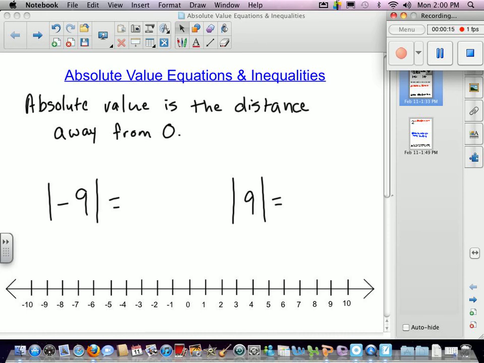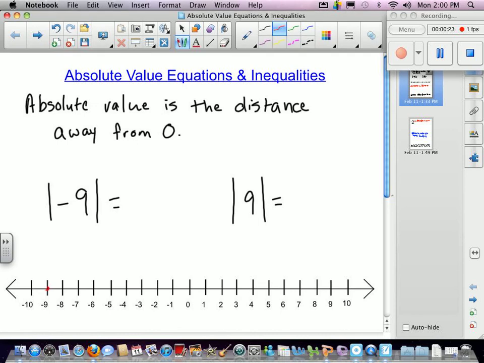So when we look at these first two examples, we have the absolute value of -9 and the absolute value of 9. And if we were to put these on the number line, if we put -9 there, when we look at the distance that it is away from zero, that's going to be 9 units. So that's why the absolute value of -9 is +9.